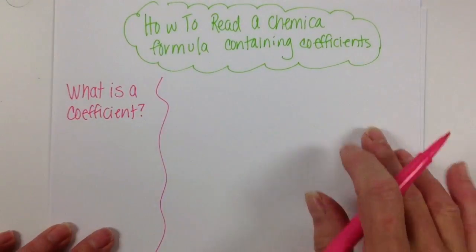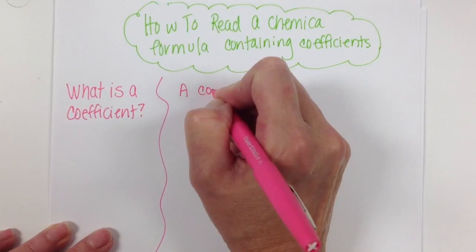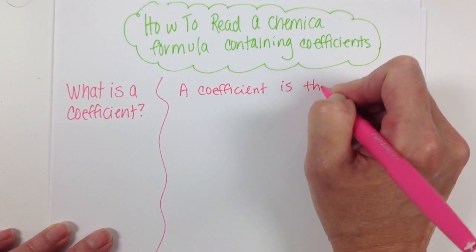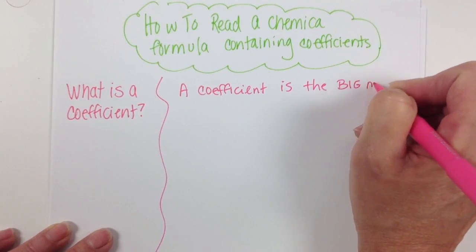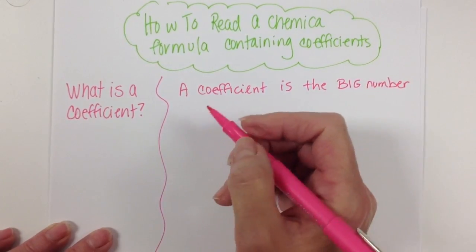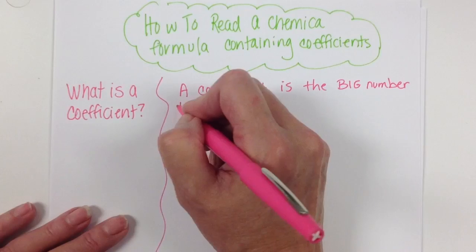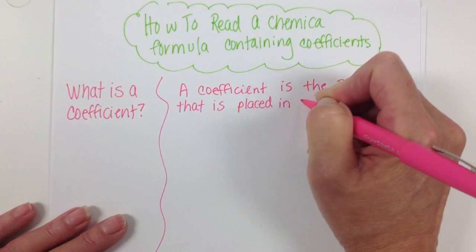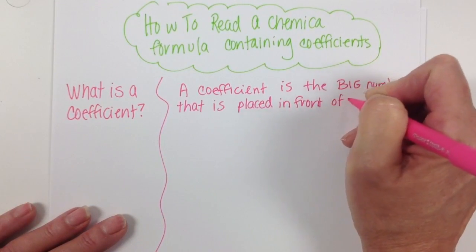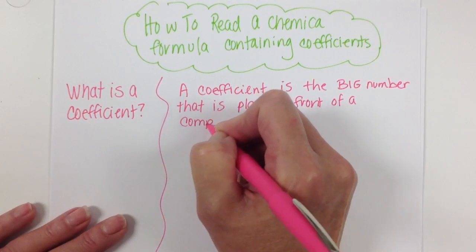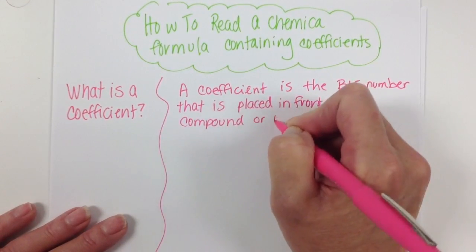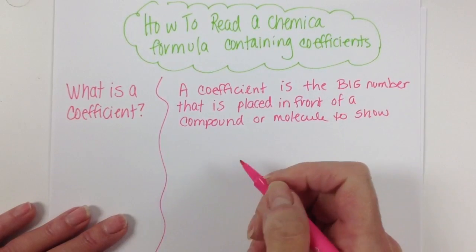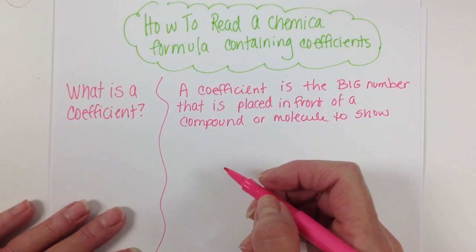A coefficient is the big number that is placed in front of a compound or molecule to show how many of that molecule are present.